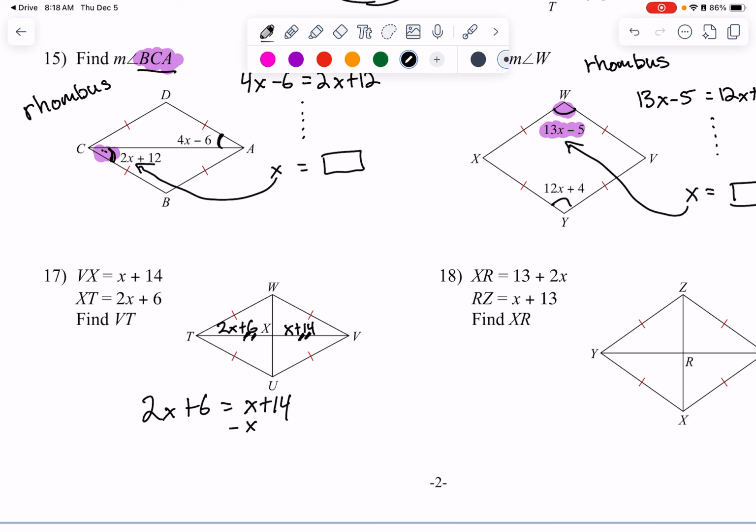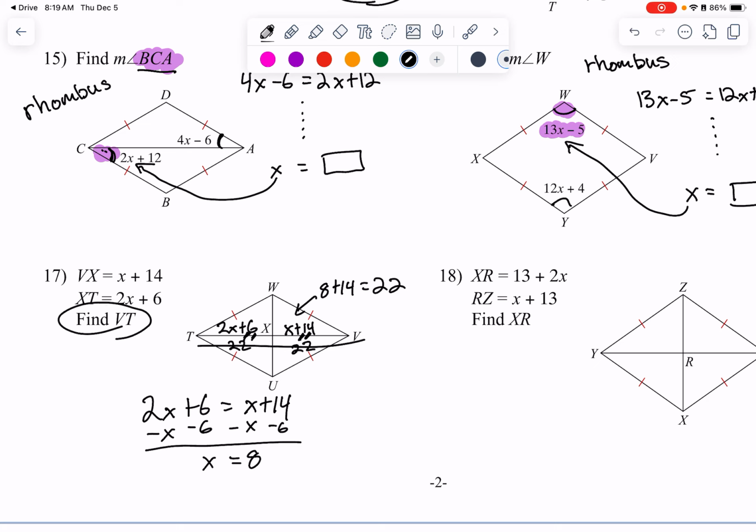If I were to work my way to get x by itself, I would see that x equals 8. That can help me plug it into one of these sides. Like, for example, I could plug it in right there and get 8 plus 14 is equal to 22. So this side is 22, so is this side. The question it's asking me is the full length all the way across. So I'd have to add those together and get 22 plus 22 equals 44.